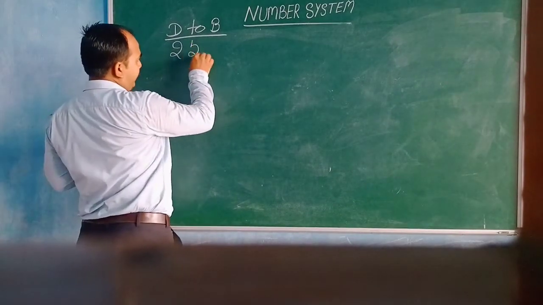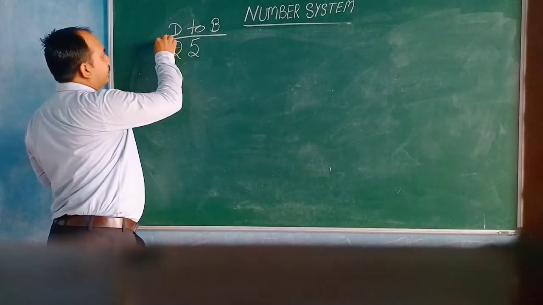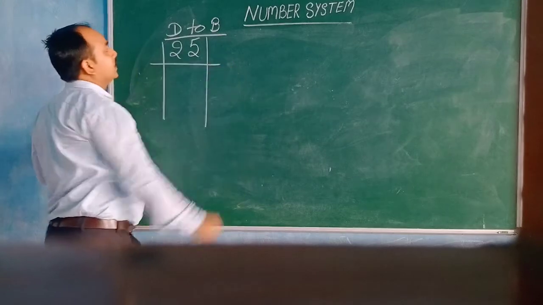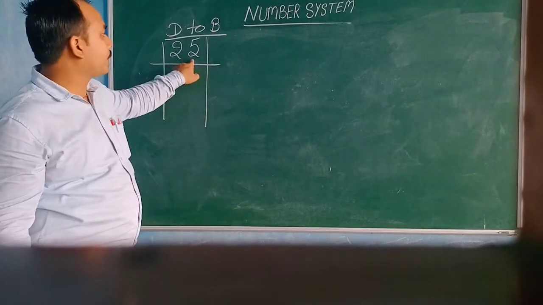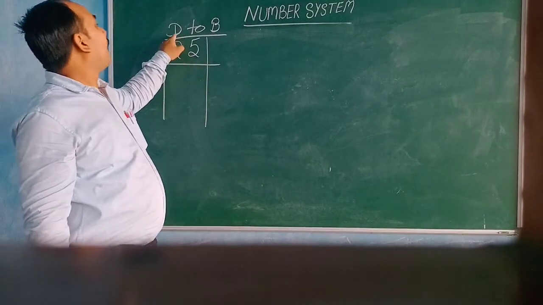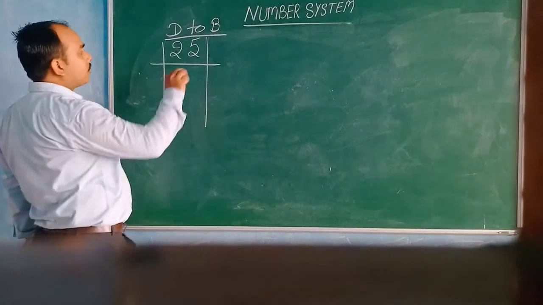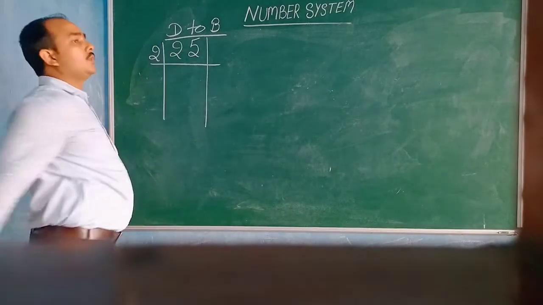Here 25 is given. We are taking 25. This is in decimal form, because 25 is decimal, and we are converting to binary. If we want to convert to binary, what is the base of the binary number system? 2.